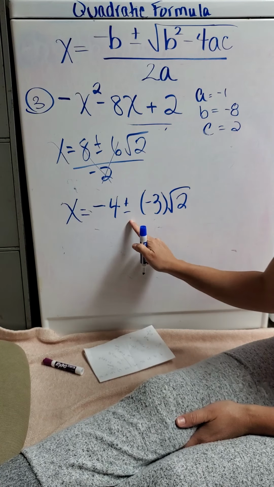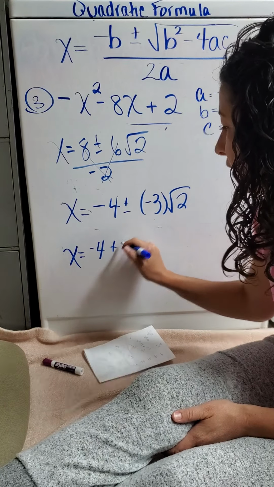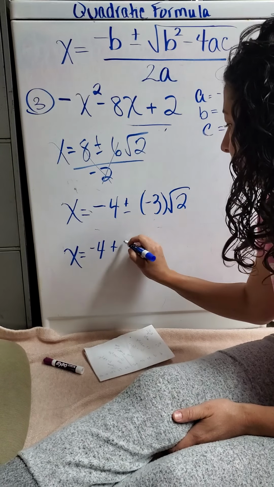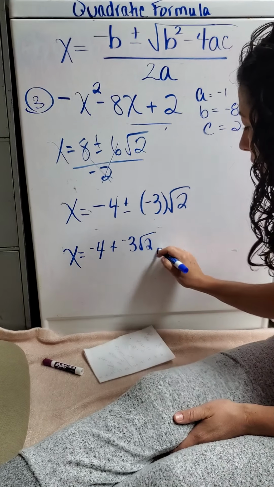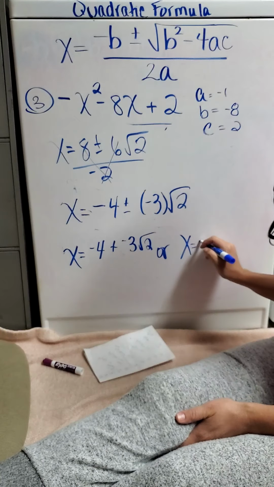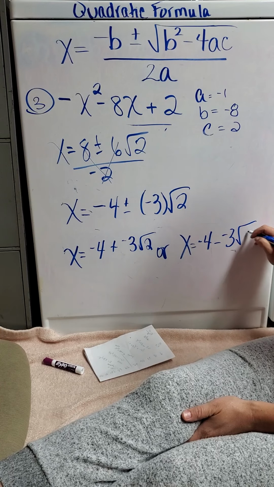So now I'm left with this to split up. X equals negative 4 plus, this is why we split it up, negative 3 radical 2, or x is equal to negative 4 minus negative 3 radical 2.